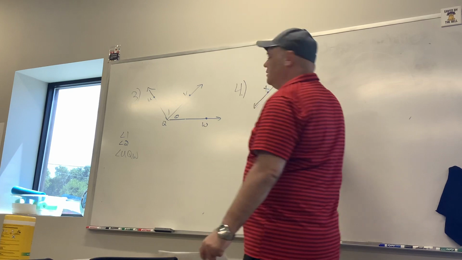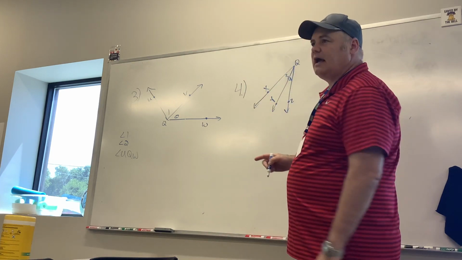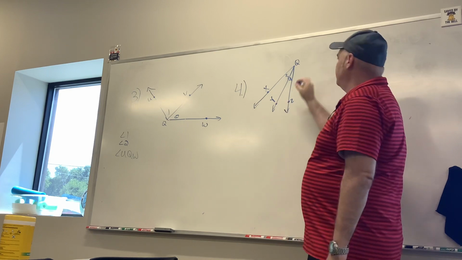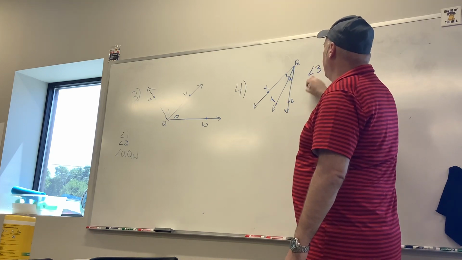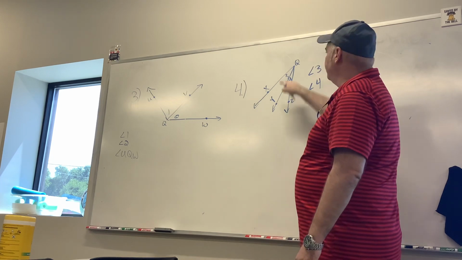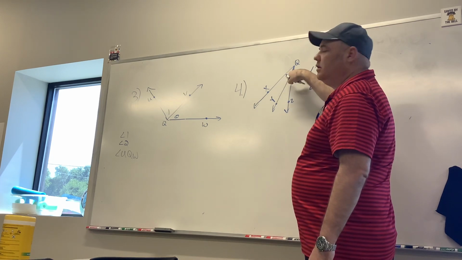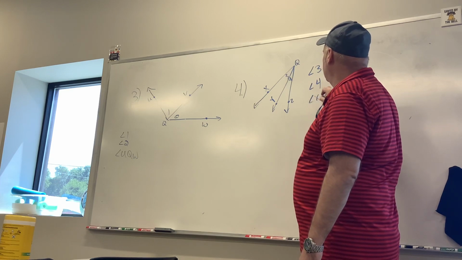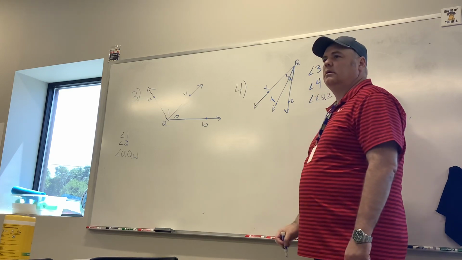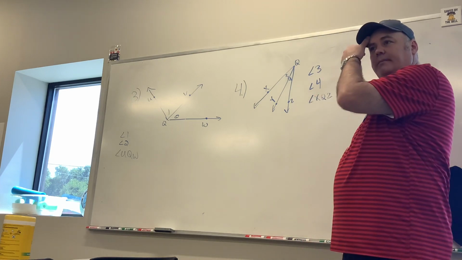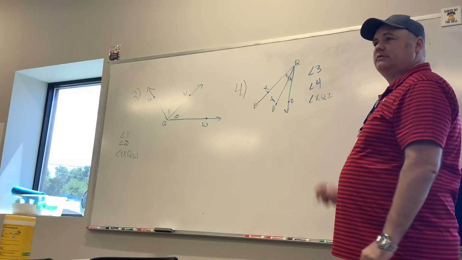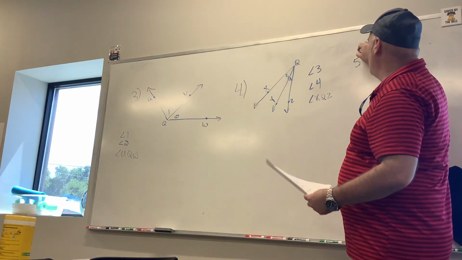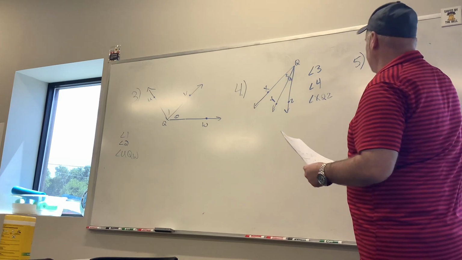You've got angle 3, you've got angle 4, and then you've got 3 and 4 combined, which you could call XQZ. Or can you do ZQF? Yes. Okay. So those are your 3 angles there. Same problem, just looks a little different. 5 has more options. Okay, they keep building here.